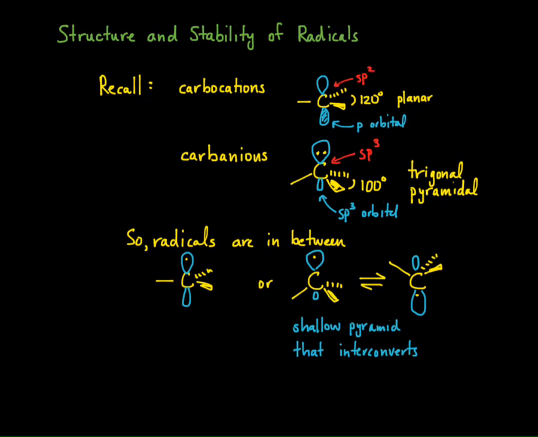So you have what's called this shallow pyramid that undergoes this interconversion. For simplicity's sake, we're simply going to treat it as an sp2 carbon because it appears to resemble much more of a trigonal planar geometry than it does this shallow trigonal pyramidal geometry.